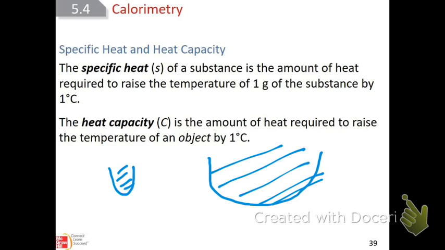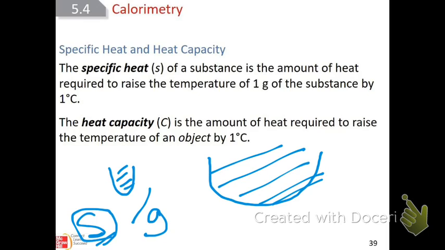Specific heat is narrowing it down and dividing it by how much do I have. So it's per gram. Heat capacity is saying, well, let me multiply that by how many grams do I have. So if I want to heat up the whole thing, then it's going to cost me more energy.